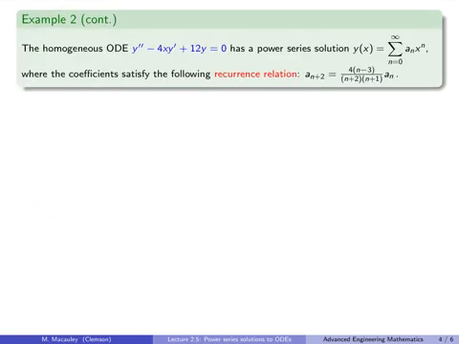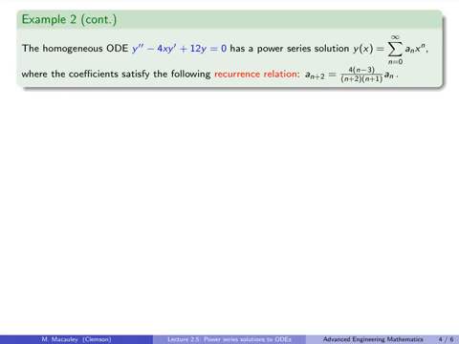Let's summarize where we are so far. We have this ODE that is not constant coefficient, because there's this x right here. We assume that this has a power series solution of the following form. So we take the derivatives of this and we plug it back in, and we get an x to the n in both of these terms, but we only get an x to the n minus 2 in this first term, so we don't have an x squared in front to make up for that.